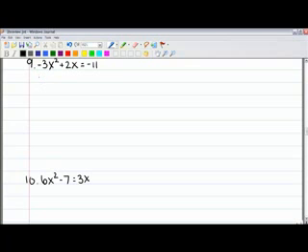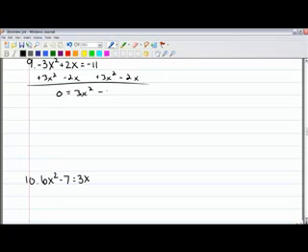Alright, so I made a decision to add 3x squared and subtract 2x from both sides. So my left side is 0 and the right side is 3x squared minus 2x minus 11.